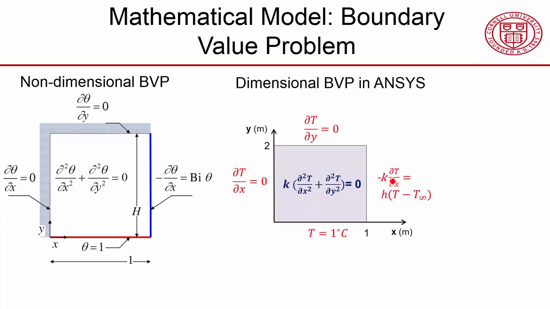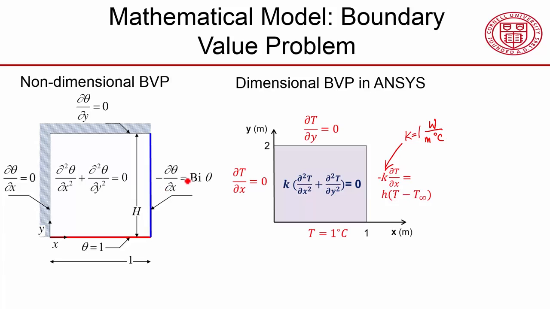Now this boundary condition is a little bit more tricky. So I will set k equal to 1. Here I'll set k equal to 1 watt per meter per degree Celsius. Then the left-hand side here looks like that.